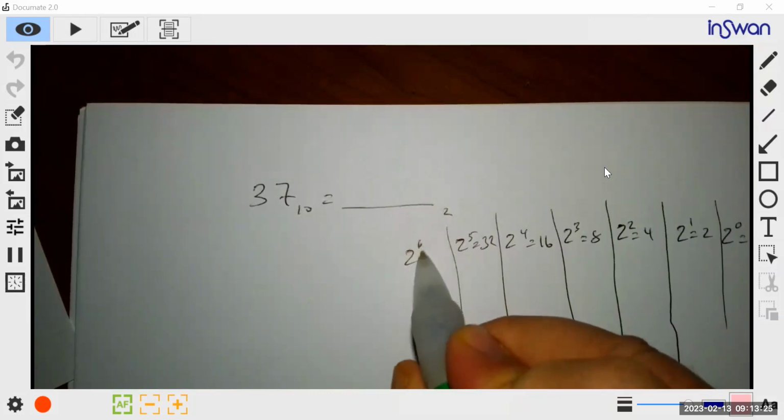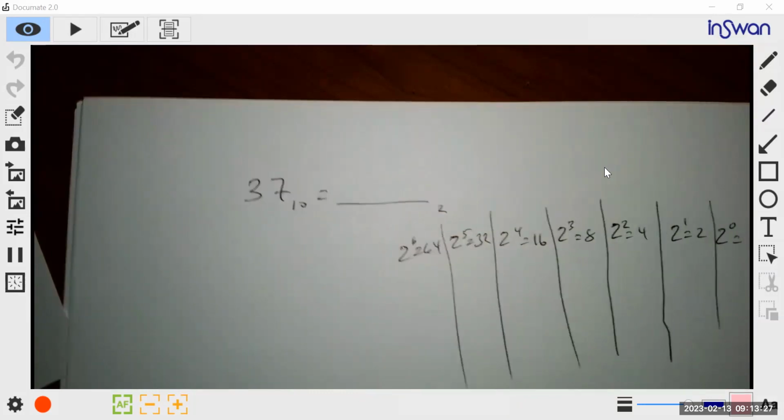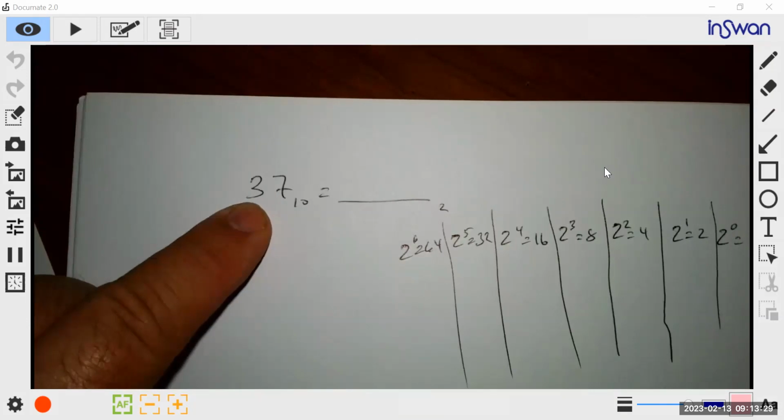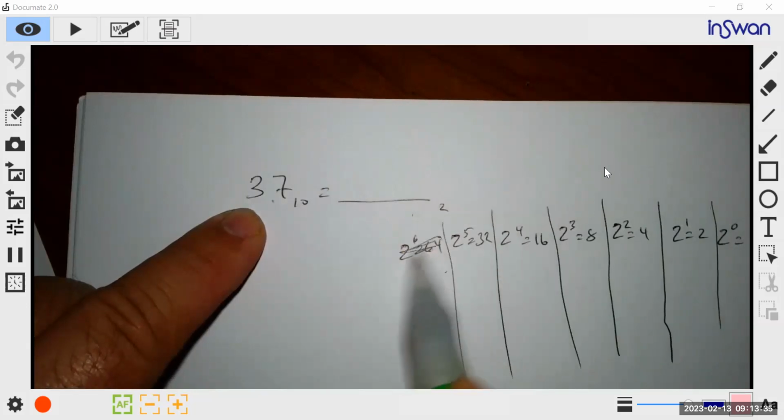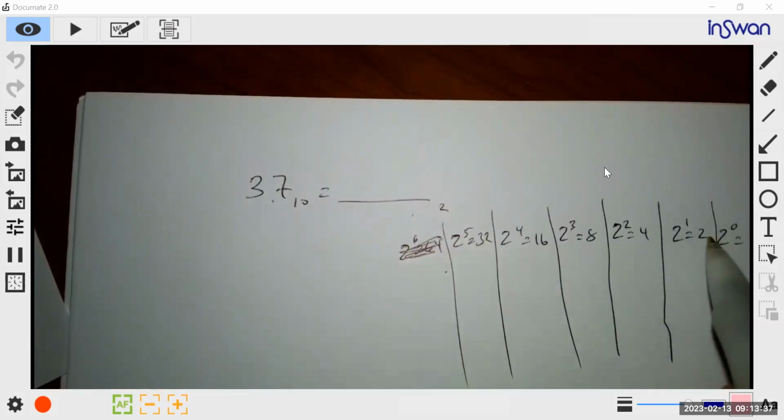Do I need the next one? The number's 37. Do I need 64? Does 64 fit inside there? No. So as soon as the number here becomes bigger than that, you don't need it.